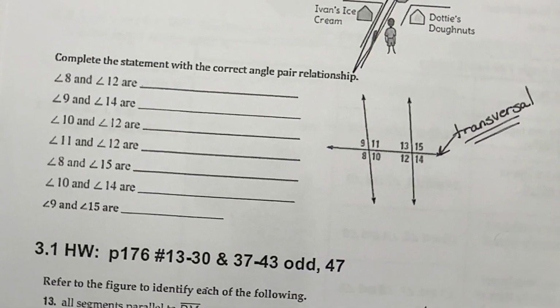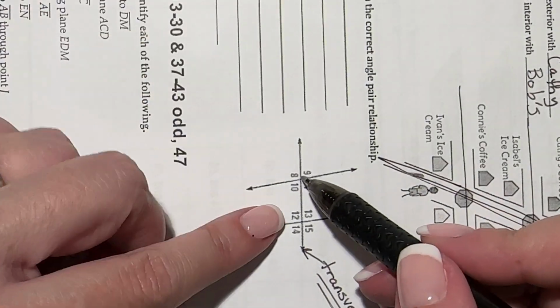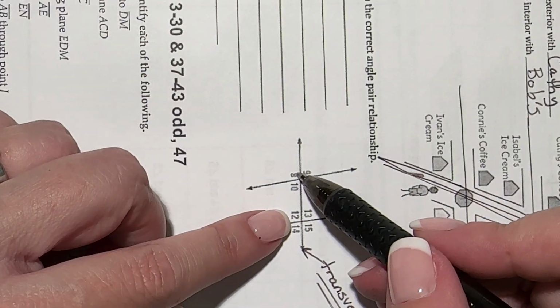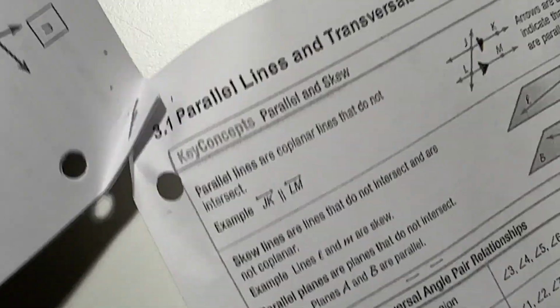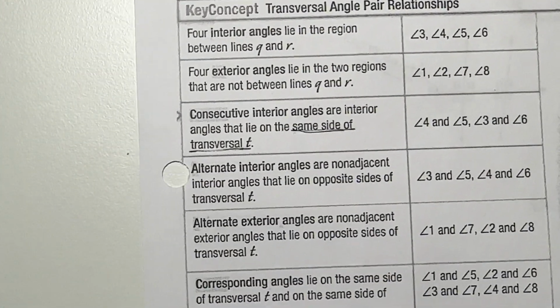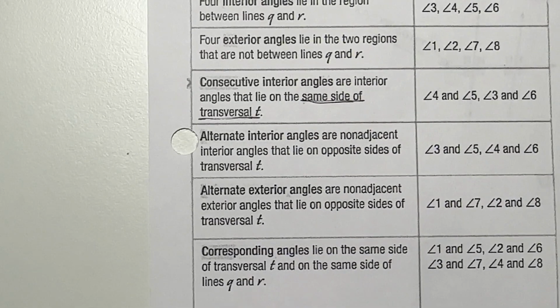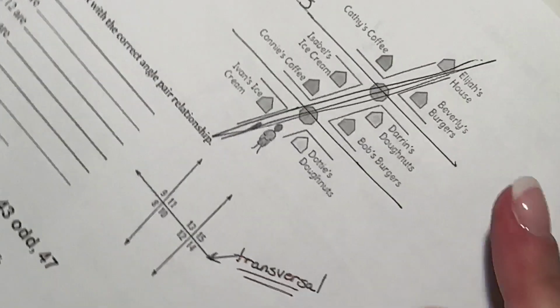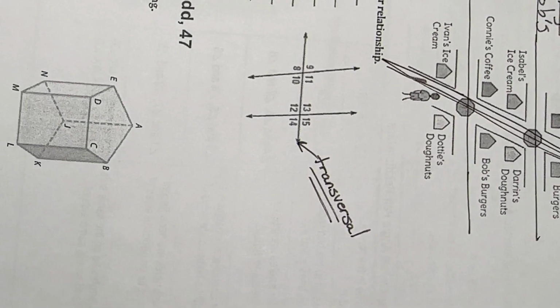All right, so the first ones that I have to find are 8 and 12. Okay, so 8 and 12, those look like corresponding angles, but let's just confirm if we're not 100% sure. Because corresponding angles are on the same side of the transversal and the same side of the line. So if I look at those two, 8 and 12 are corresponding.